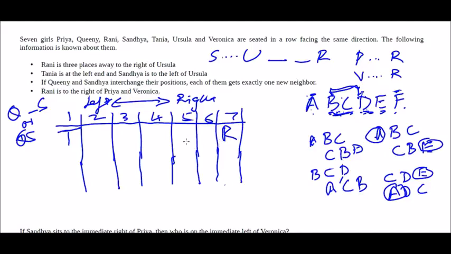So 1, 2. This will be Ursula. And Sandhya is on the left. Now, if Sandhya comes here, Queenie can come here, or Sandhya comes here, Queenie comes here. These are 2 scenarios.